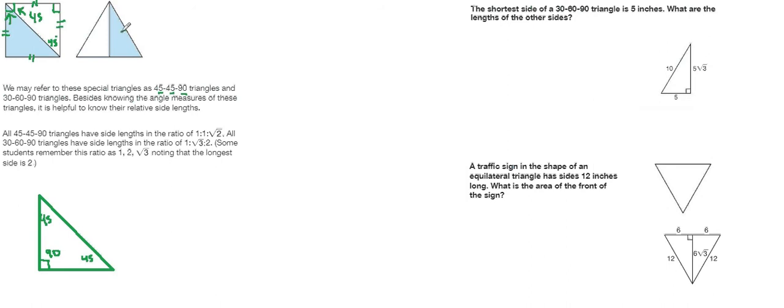Now, when you take an equilateral triangle and divide from the peak down to the bottom at a perpendicular, we have a 90-degree triangle here. These are not equal. We have this and we have this. This looks a little bigger, but how can we figure out what it is exactly?